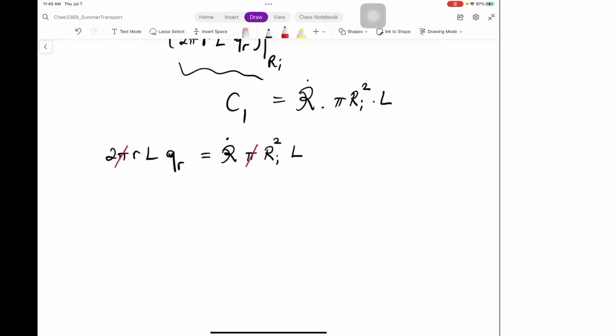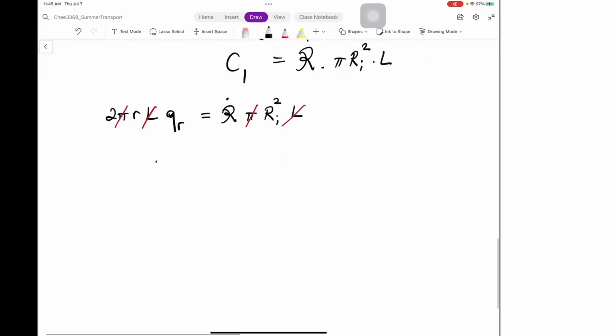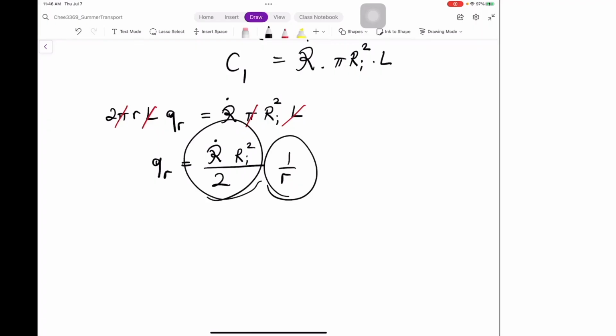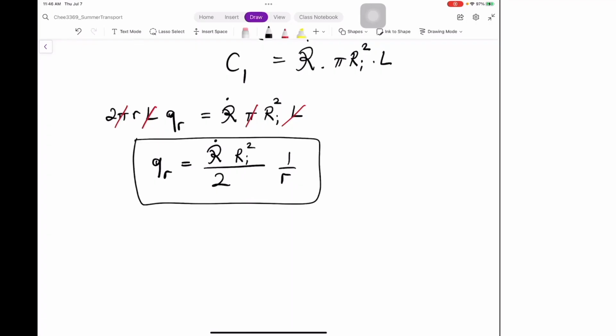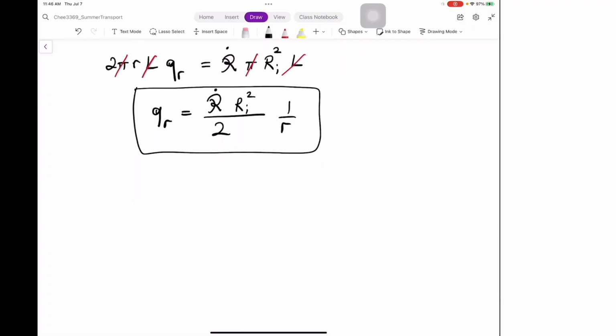Pi's cancel, L's cancel. What do you get? We get q_r is equal to q-dot R_i squared divided by 2, times 1 over R. So it's some constant times 1 over R. Okay, good. So we found the flux, but we need the temperature distribution, right? Let's write Fourier's law.